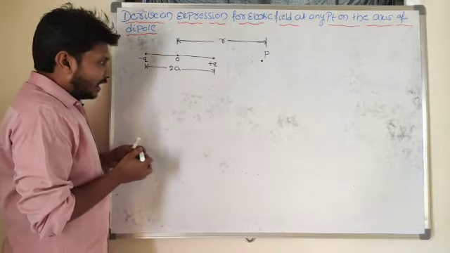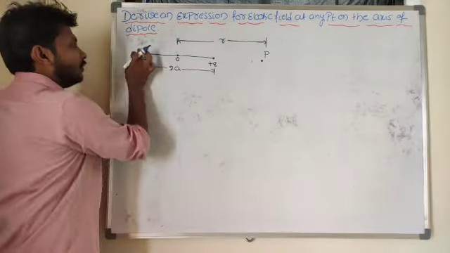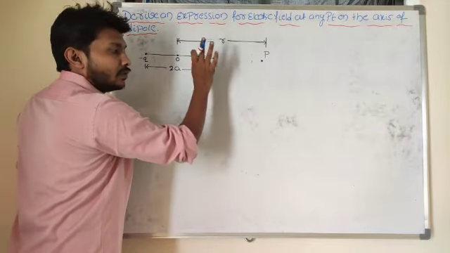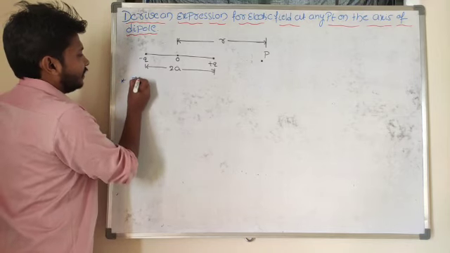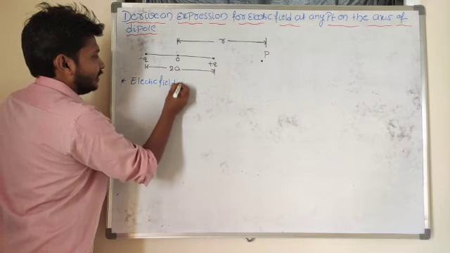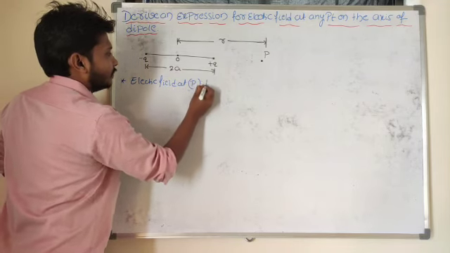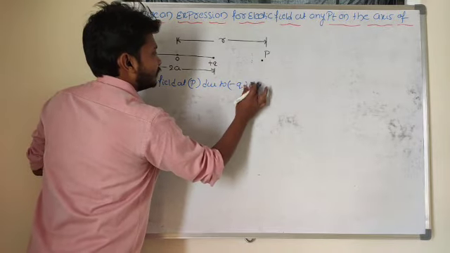Let me begin with the electric field at point P due to the minus q charge and due to the plus q charge. First I will consider the electric field at P due to the minus q charge.